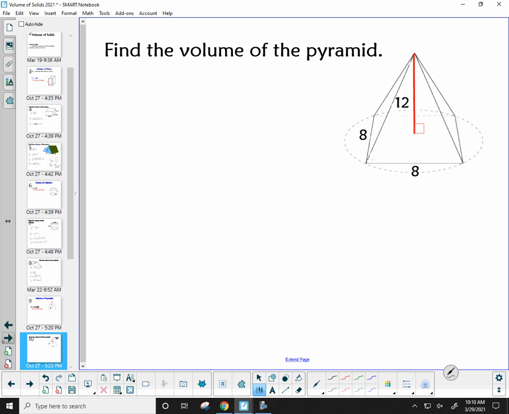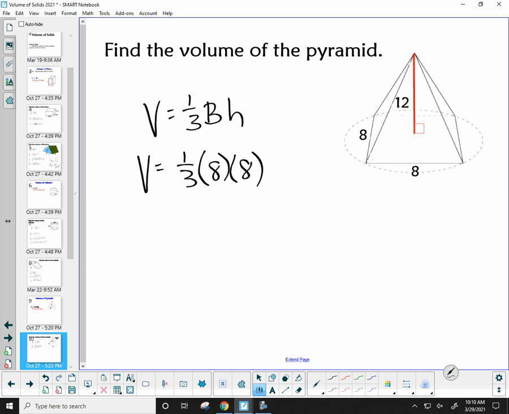My base in this case happens to be a square. So volume equals 1/3 area of the base times the height. So that's 1/3. The area of my base is just going to be 8 by 8. And then the height of my pyramid, remember, is always from the vertex straight to the base. We're not talking slant height like we were with surface area.